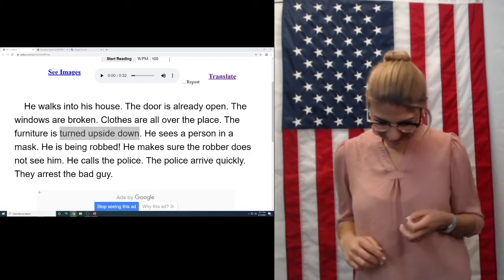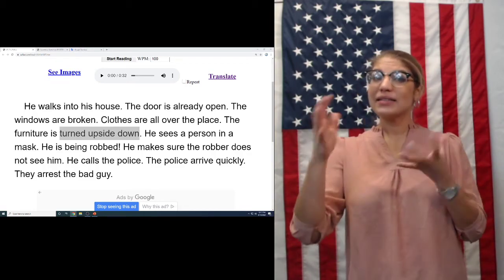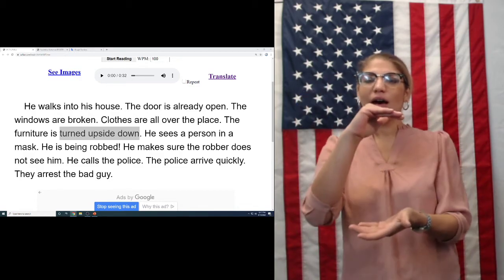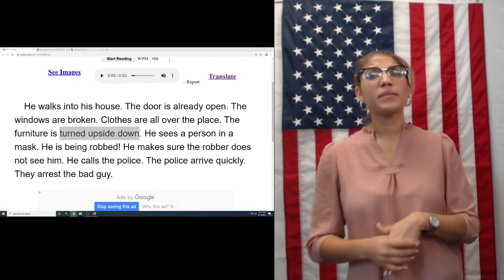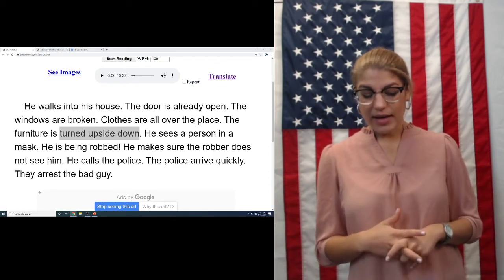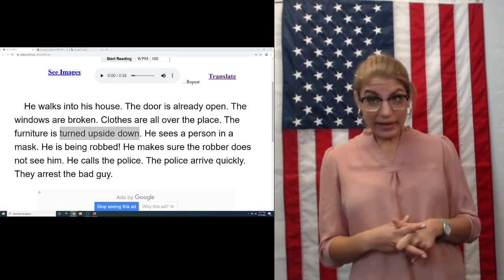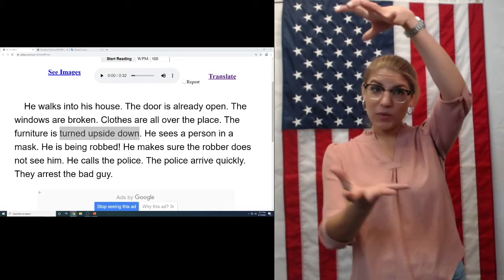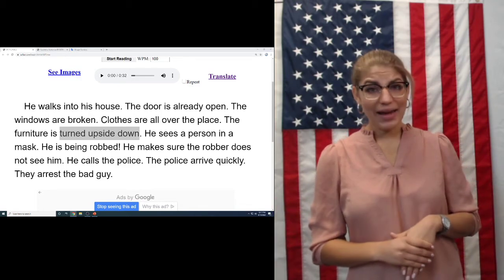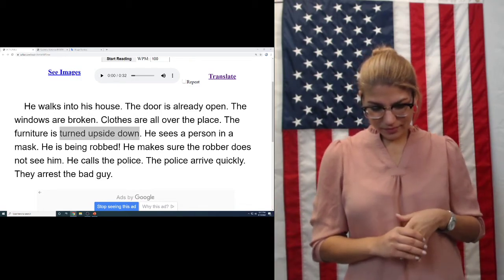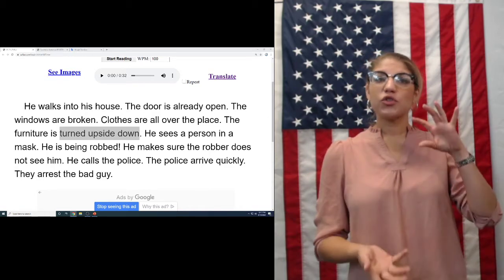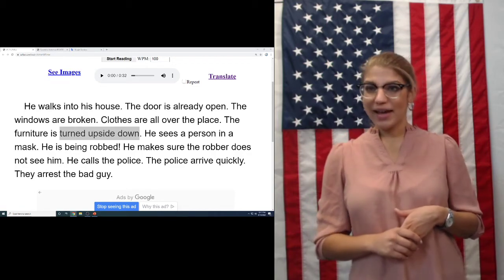But upside down means it's not in the correct position, it's exactly opposite. In fact, this morning there was a train crash, and the train was upside down. It was turned upside down. In this case, he's saying his furniture was turned upside down.